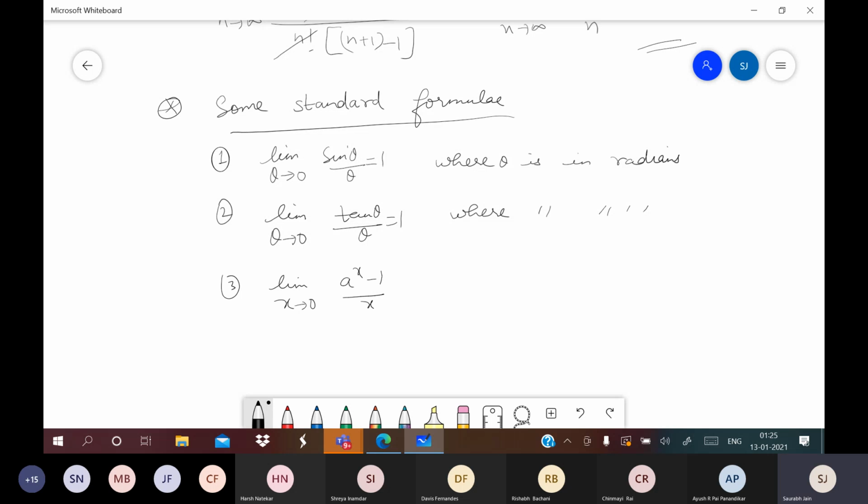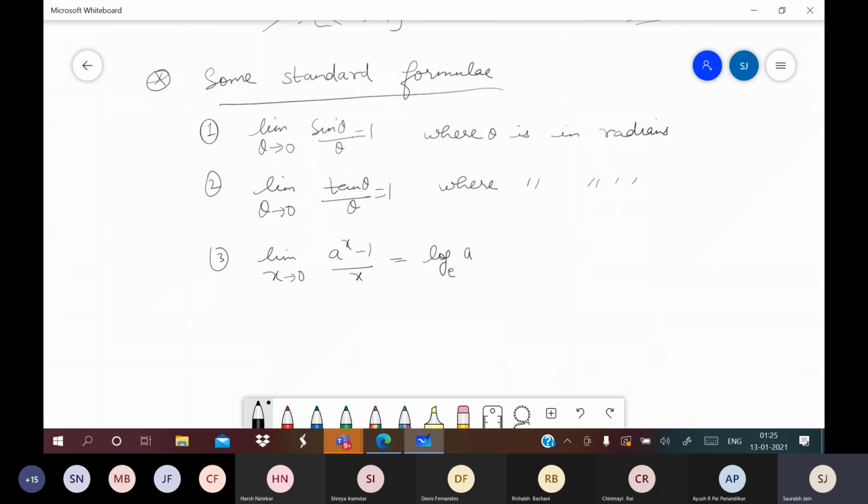I will write all the formulae first, and then we will discuss. If you want, you can note down these formulae.